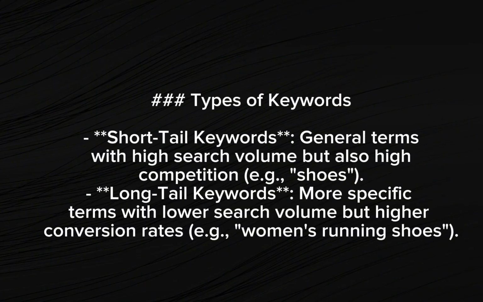Types of keywords. Short tail keywords, general terms with high search volume but also high competition, for example, shoes. Long tail keywords, more specific terms with lower search volume but higher conversion rates, for example, women's running shoes.